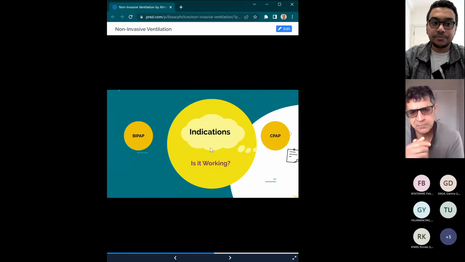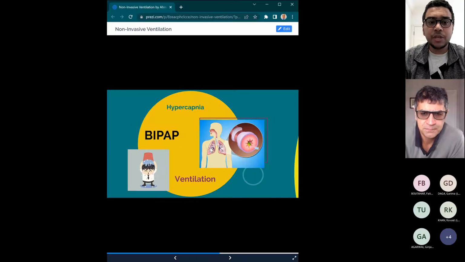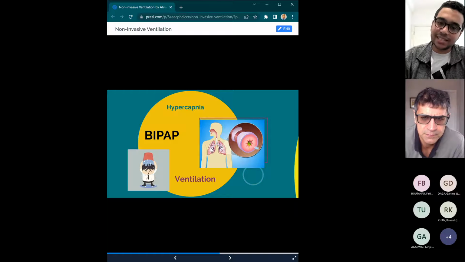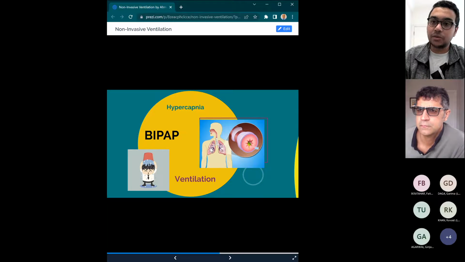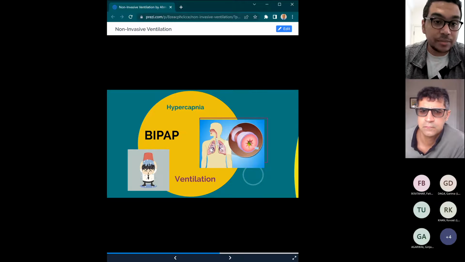On the other hand, for BiPAP, we need to add an extra pressure to support the ventilation of the patient. So usually we use it when we have hypercapnia or type 2 respiratory failure to improve ventilation.